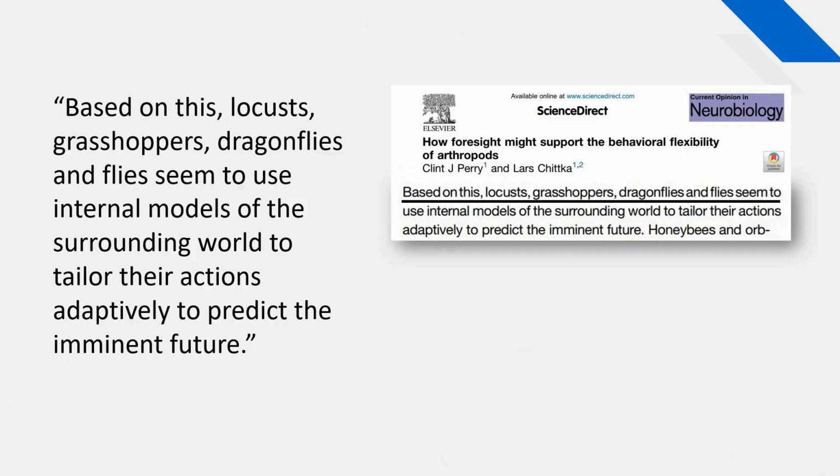So, are we going to find this within creatures? Yes. Based on this research that they had done, they found that locusts, grasshoppers, dragonflies, and flies seem to use what? Internal models of the surrounding world to tailor their actions adaptively to predict the imminent future.